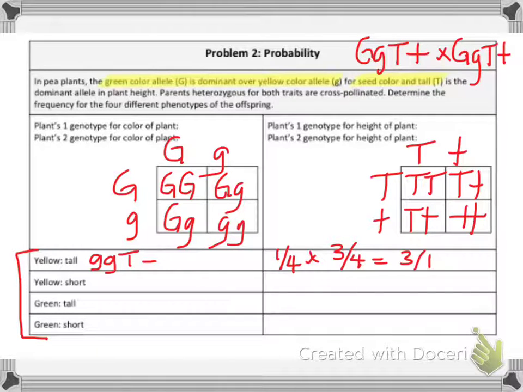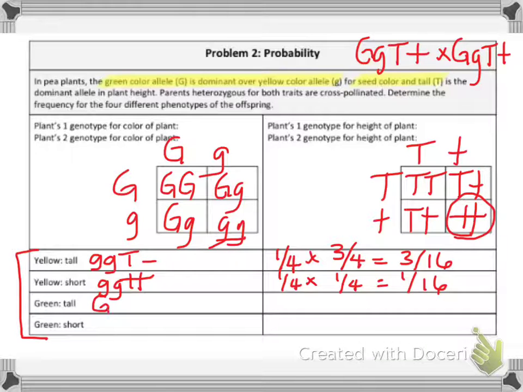So 3 out of 16 will be yellow tall. So then again, yellow is a recessive trait, and then short is also a recessive trait. So if we look here, you have 1 out of 4 again. And then for short, we only have 1. So 1 out of 16.